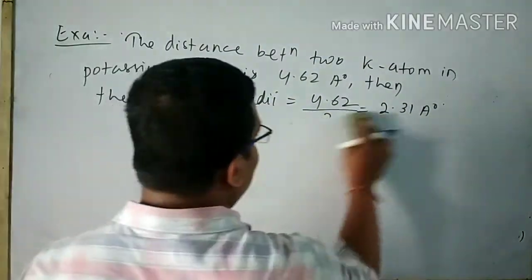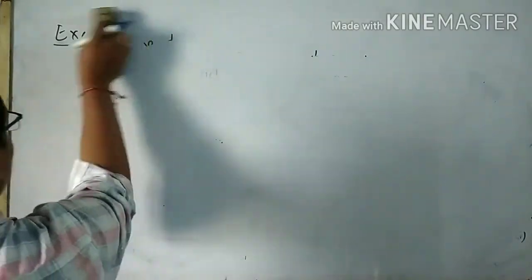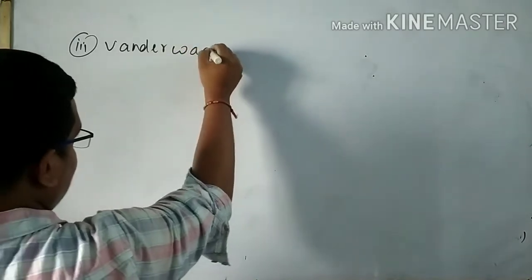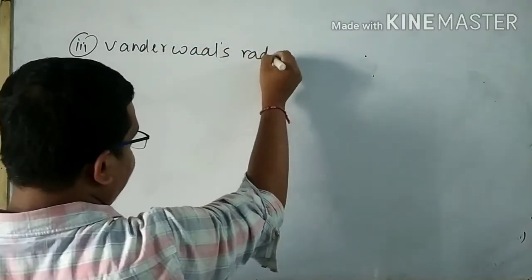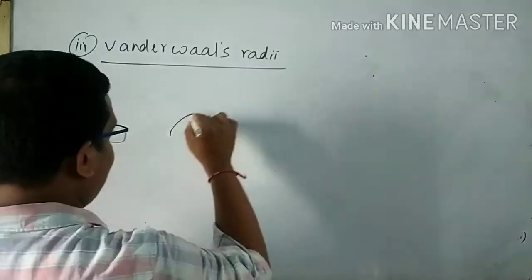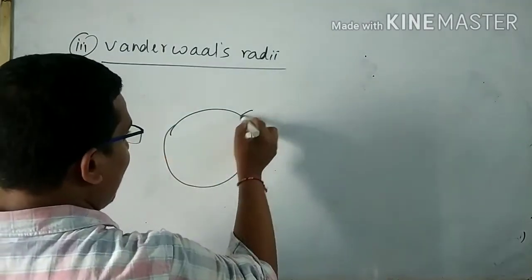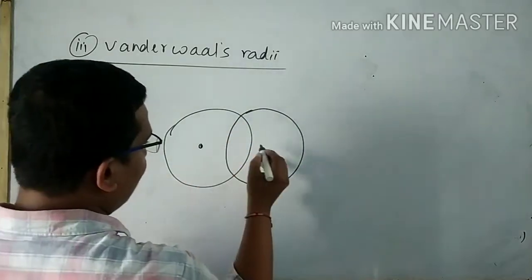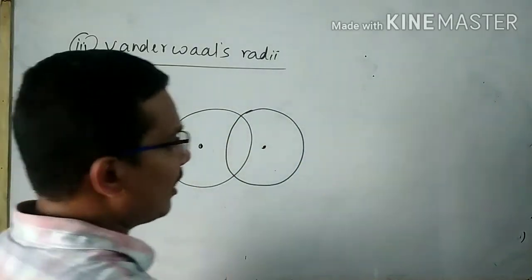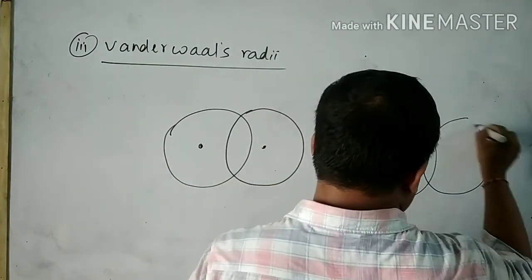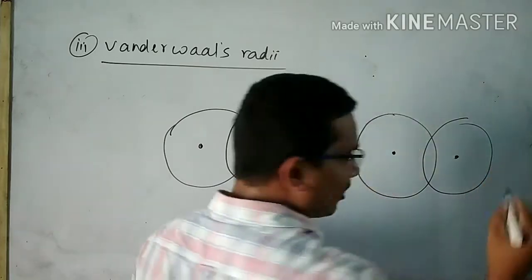Next I will discuss the van der Waals radii. Third is your van der Waals radii. Take two molecules, and the two molecules are diatomic. This is one molecule made by two atoms. This is the center, this is another center. Take another molecule. This is the center, this is another center.